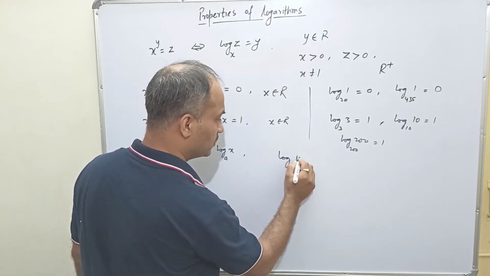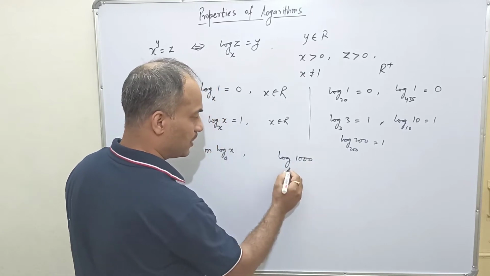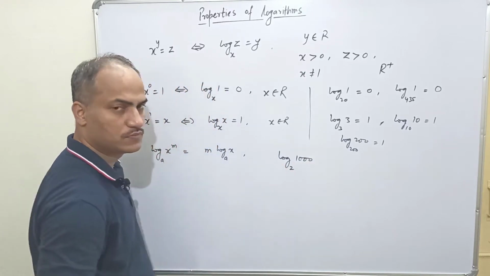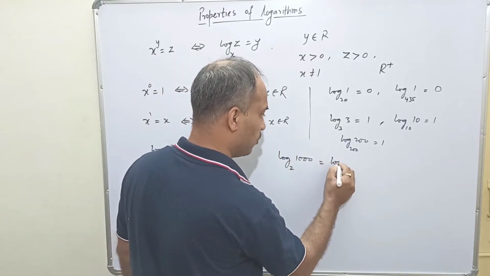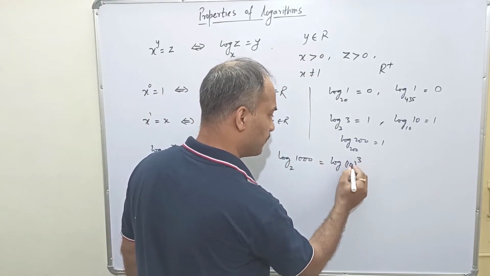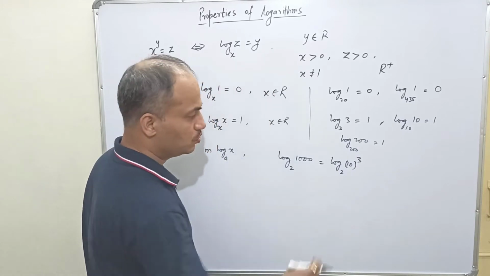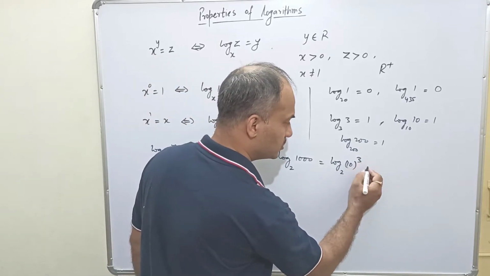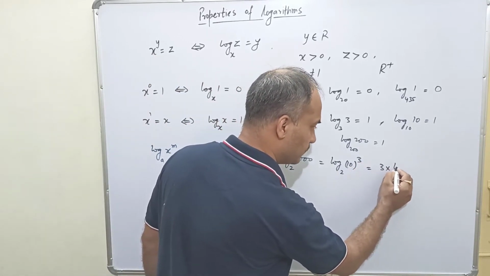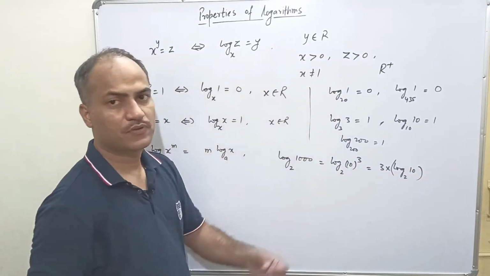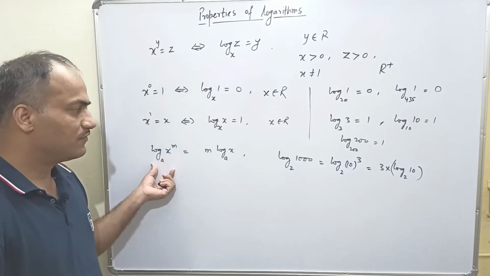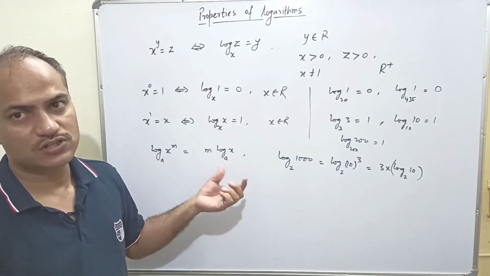Suppose we have log 1000 to the base 2, or any base. We can write this expression as log of 10 to the power 3 to the base 2, and this exponent will come in multiplication: 3 log 10 to the base 2. This is the advantage of this property.